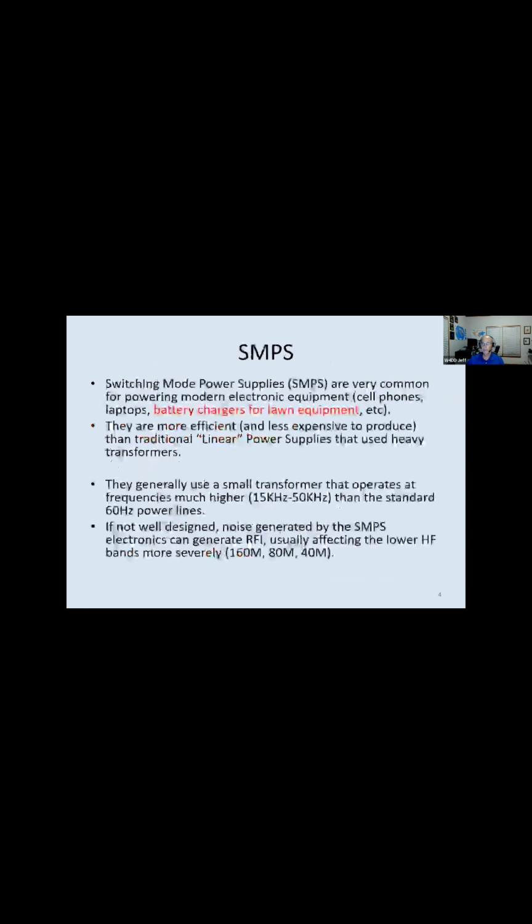Second kind of noise source I see quite a bit is SMPS noise. And there's all kinds of devices. The old linear power supplies that used to power everything 20, 30 years ago have now been replaced by the very low cost switching mode power supplies. Those SMPSs don't work at the traditional 60 hertz.